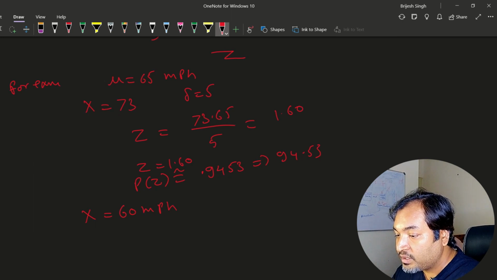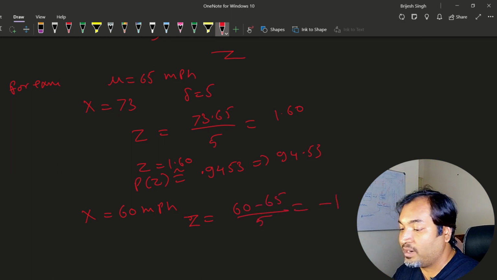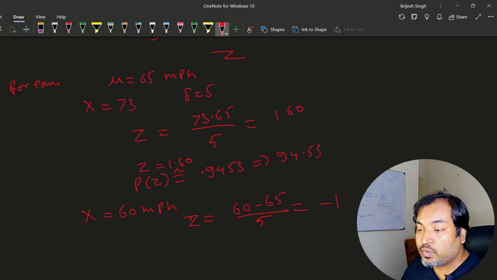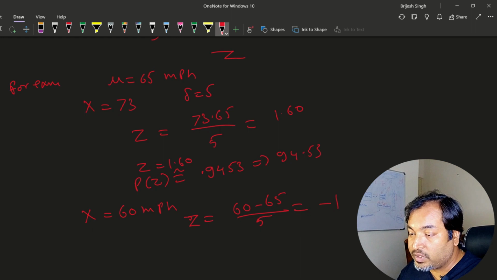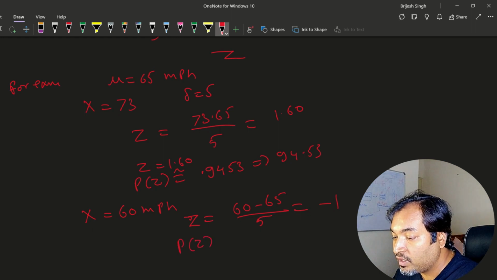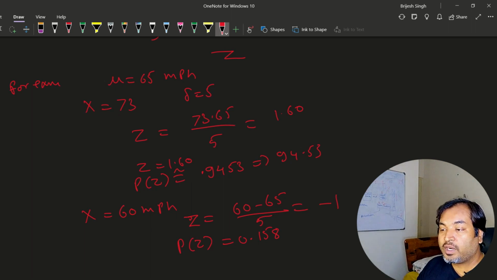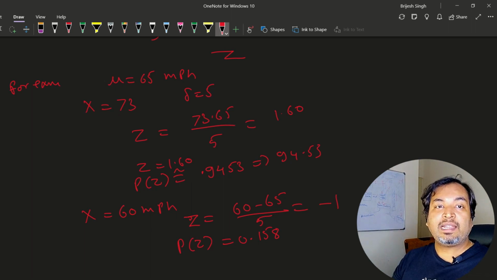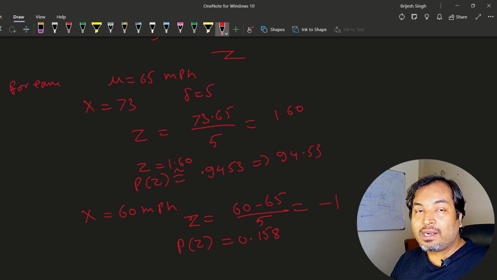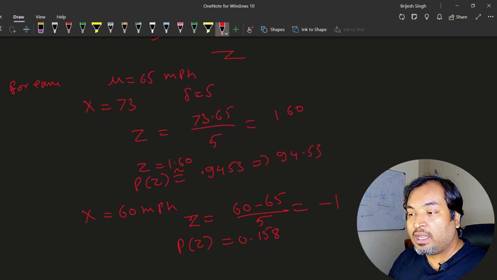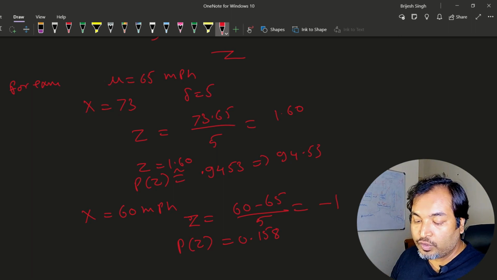So in that case, the Z score will be 60 minus 65 divided by 5. You will get -1, right? Your Z score is -1. So in the case where the Z score is -1, you will get a probability somewhere around 0.158, right? Somewhere at 15.8%, right? So your cumulative probability will decrease when you are to the left of your mean, and it will be high when you are to the right of the mean.